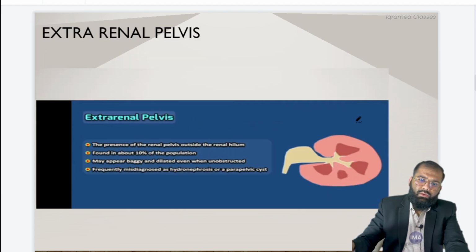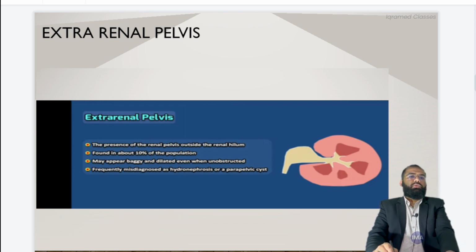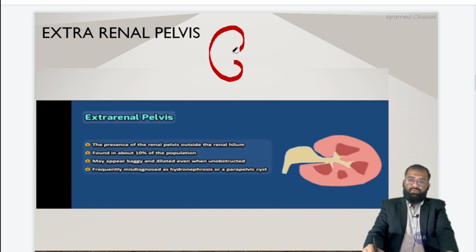One important entity which I had discussed earlier is that normally we do not see the ureter, but the ureter can only be seen if there is associated hydronephrosis or extrarenal pelvis. Normally, if this is the kidney, the renal pelvis goes like this. This is what happens normally.